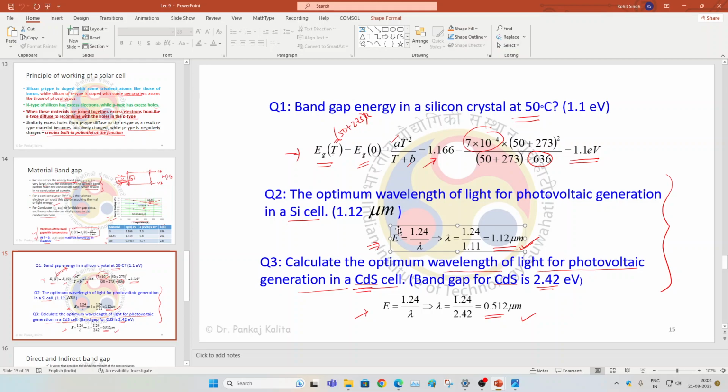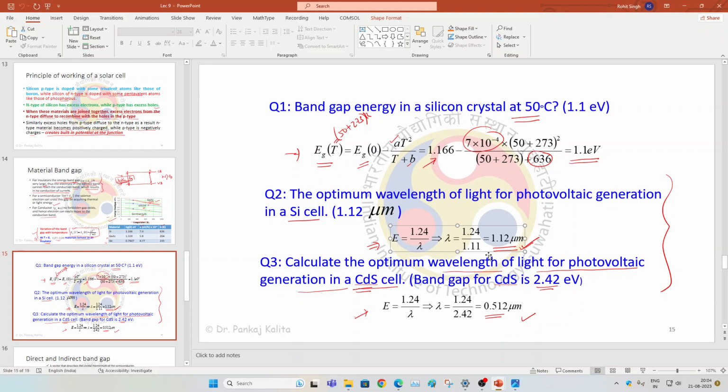So one thing I want to focus on here. In the previous question, we calculated the optimum wavelength of light for photovoltaic generation in a silicon cell. Okay, and it is 1.12 micrometer for the silicon cell. But for the cadmium sulfide cell, it is 0.512 micrometer. Okay, so it is almost half.